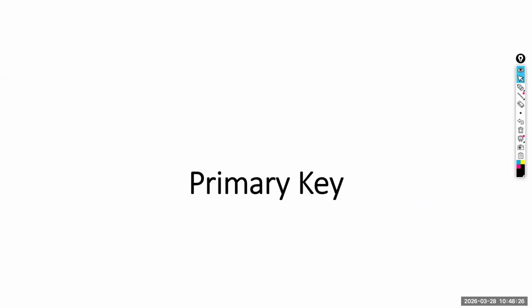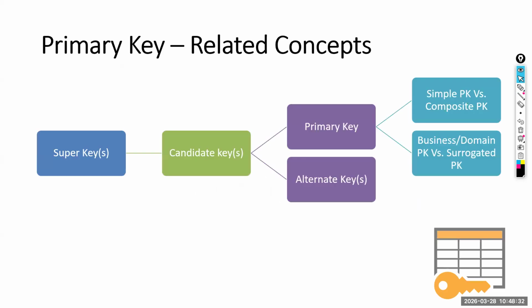Right, so our next concept is primary key. Every table, or every relation, must have a field or combination of fields that we use to uniquely identify a record. That field or combination of fields is called the primary key. Primary key is a very, very important concept in tables or relations, because we use the primary key to uniquely identify a record.